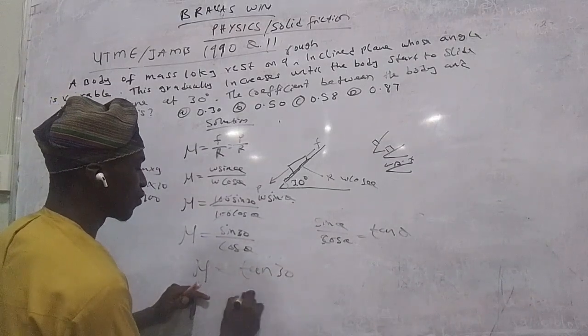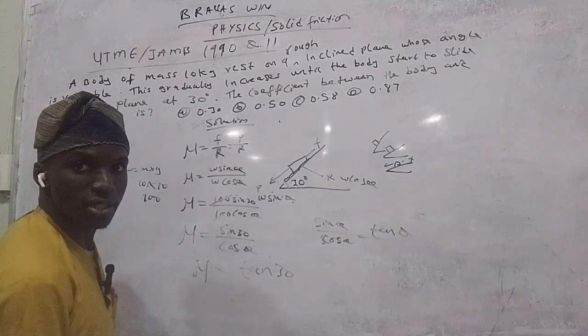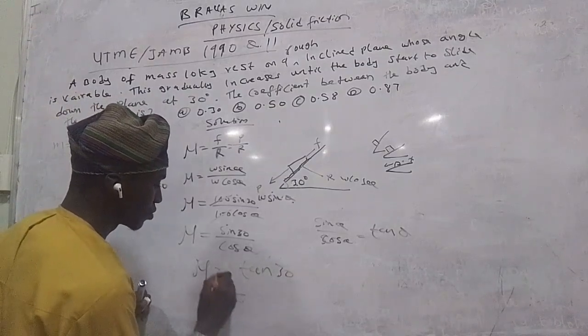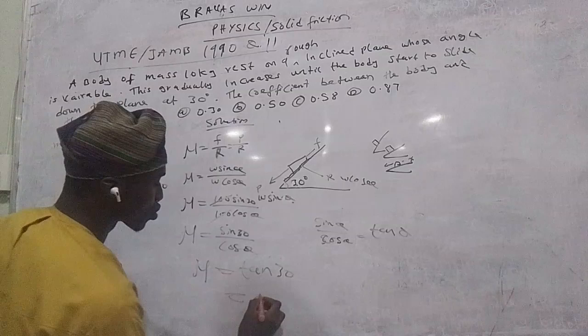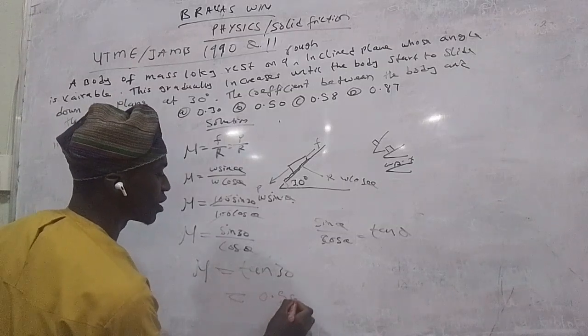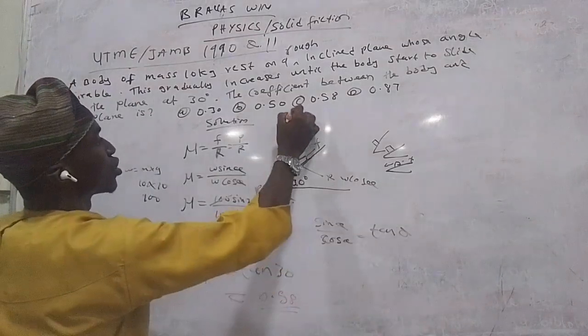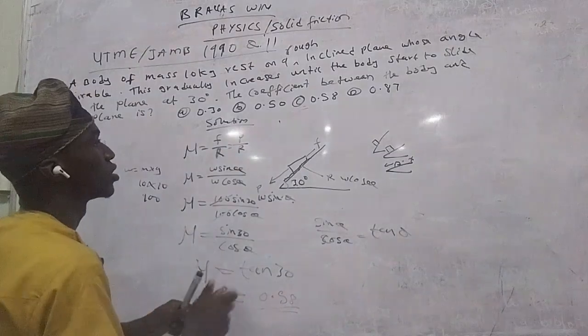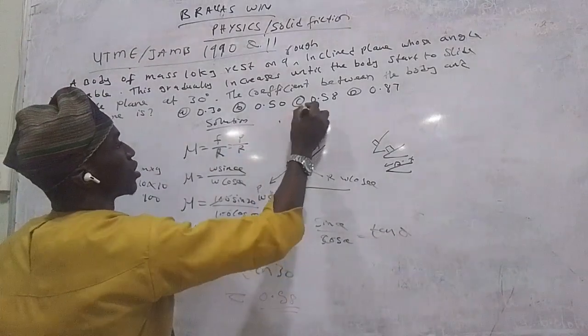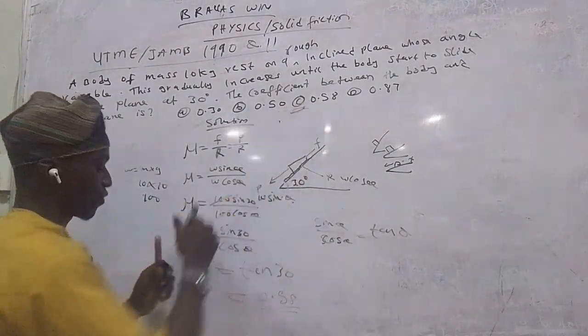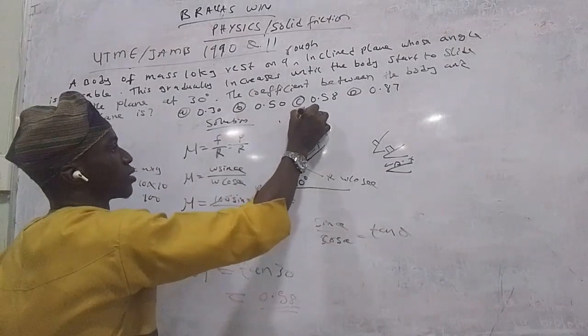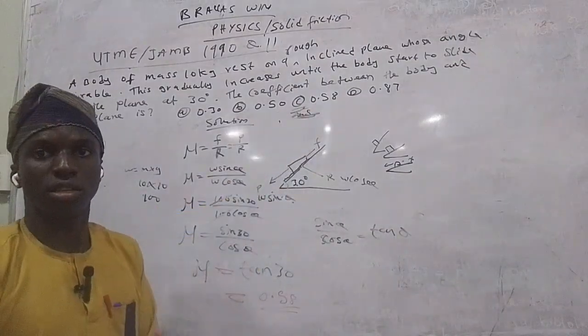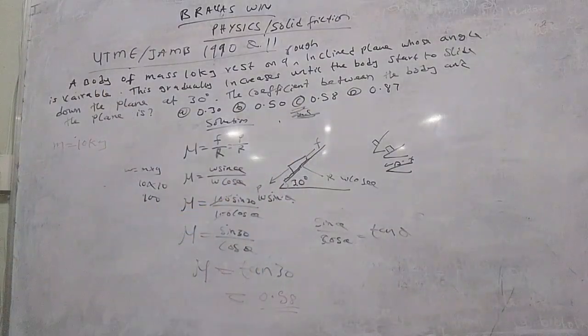Tan 30 will give us 0.58. This is what we get on your calculator. So 0.58 is our answer, which is tan 30.